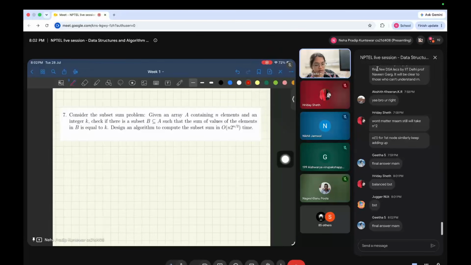Okay, so let's recall your subset sum question. Input to you is an array A of size n, and you are given an integer k.